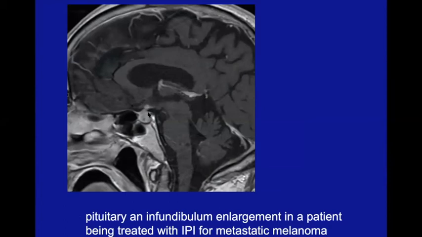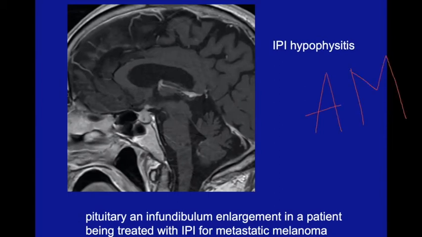So this is one of these diagnoses you just have to know, that treatment with ipilimumab in patients with metastatic melanoma is associated with what's called hypophysitis. So be looking for this in patients who have that history.